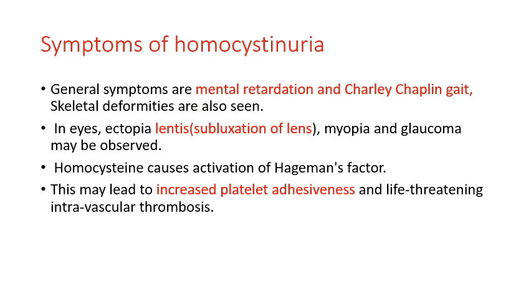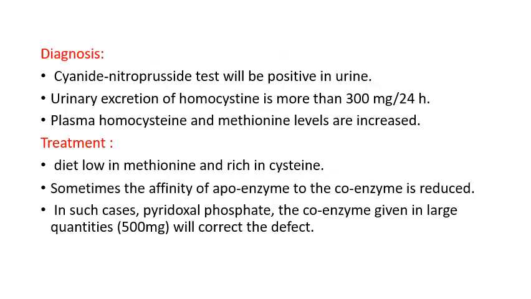Homocysteine causes activation of Hageman's factor, so that may be the reason for myocardial infarction. This may lead to impaired platelet adhesiveness and life-threatening intravascular thrombosis. For the diagnosis of homocystinuria, the cyanide nitroprusside test will be positive in urine. Urinary excretion of homocysteine will be more than 300 mg per 24 hours.